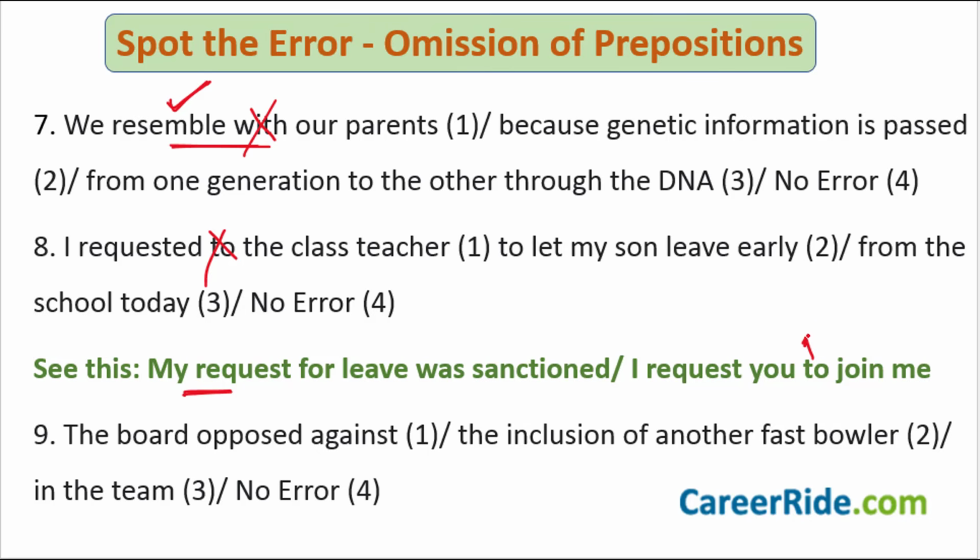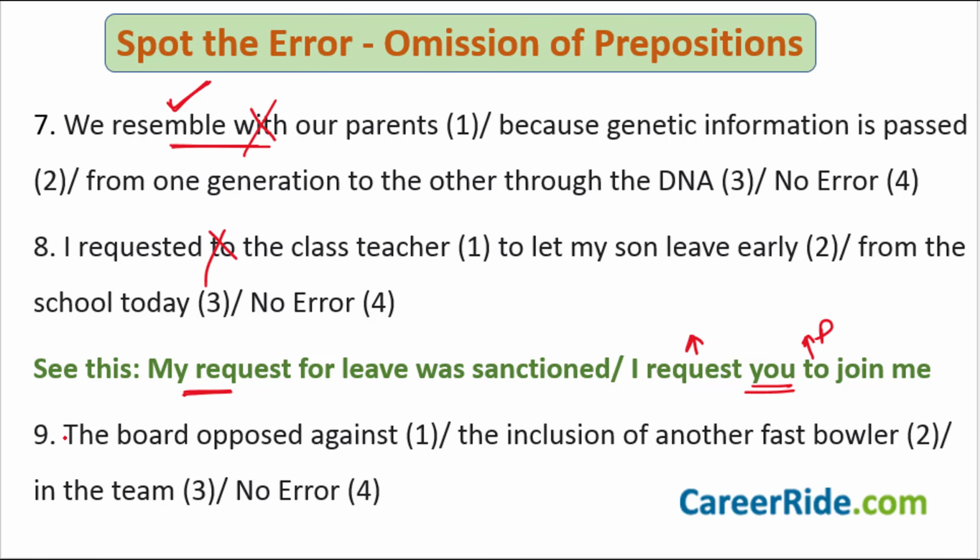You see "to" is a preposition here. But between them there is a pronoun called "you" here. That is why you have this "to" here. So in this sentence, sentence number 8, I requested the class teacher to let my son leave early, in this type of a construction, you don't require "to" here.